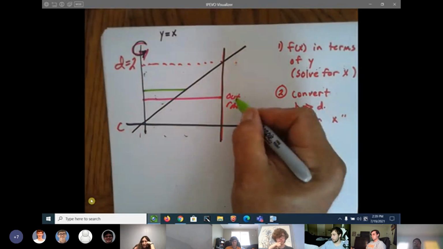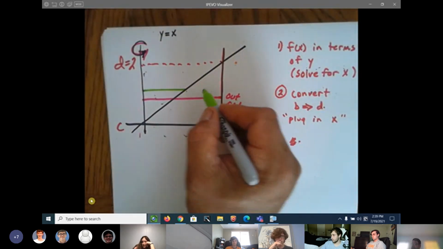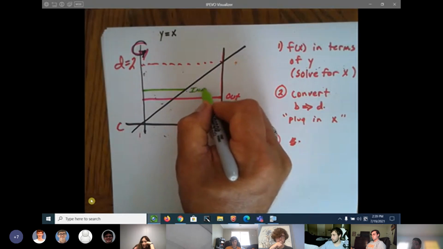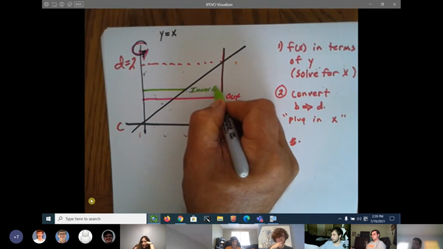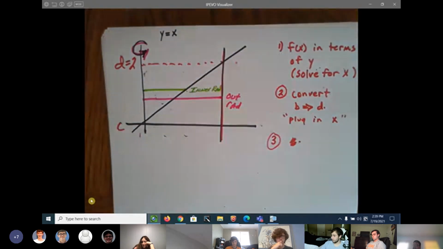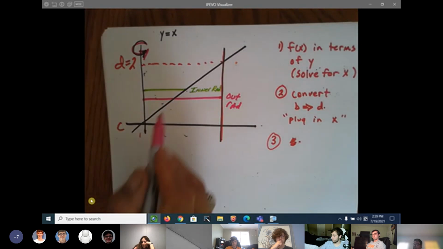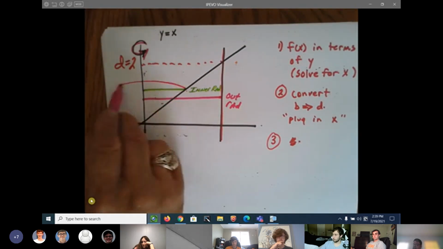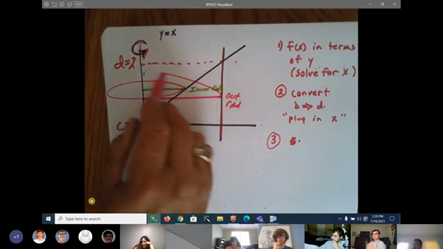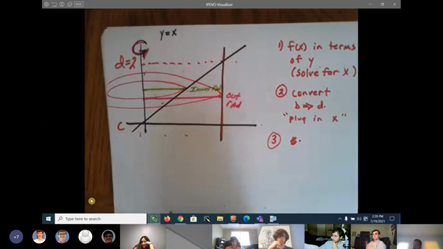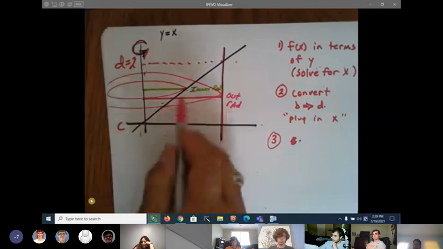If this is your outer radius, what is this? Okay, remember, it's a washer.